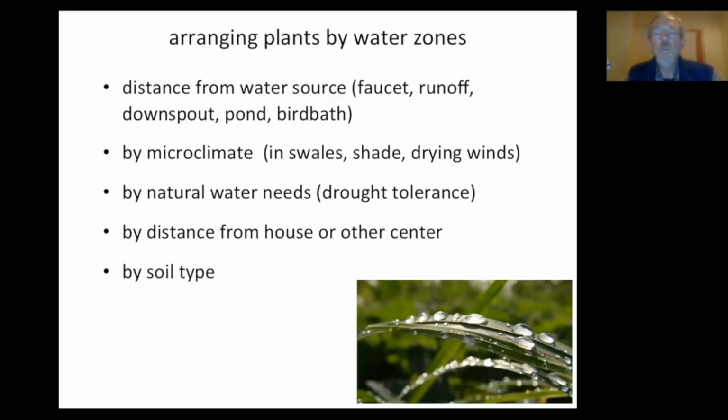And then also just the plant's natural water need. How drought tolerant is it? If it's very drought tolerant, then it can go a ways away from you because you're not going to need to water it as often. You're not going to need to keep an eye on it. And then the things that need more water should go closer to where you are so you can keep an eye on them. And that would be kind of the distance from the house or the center.